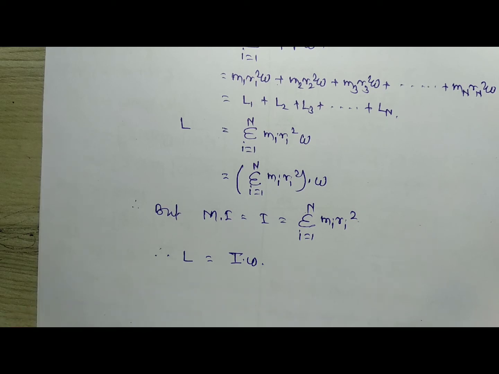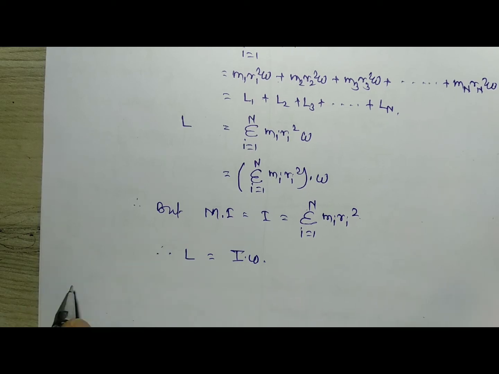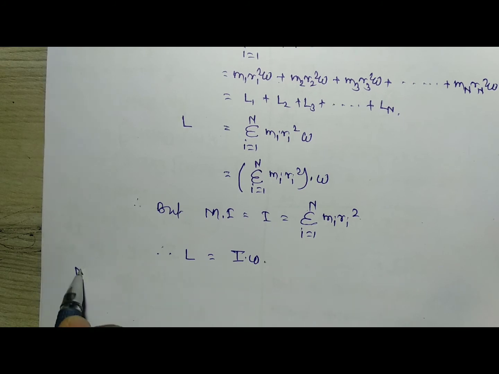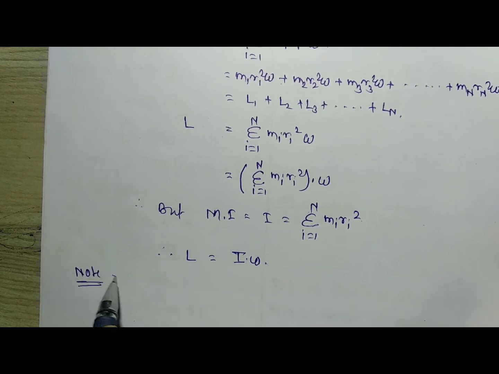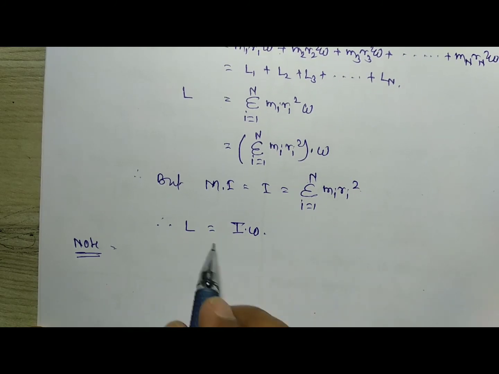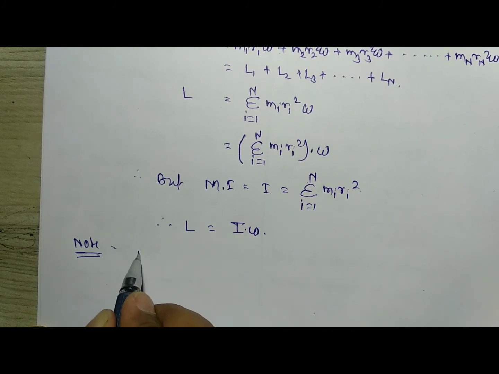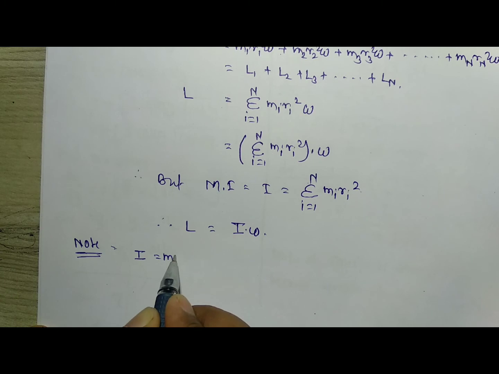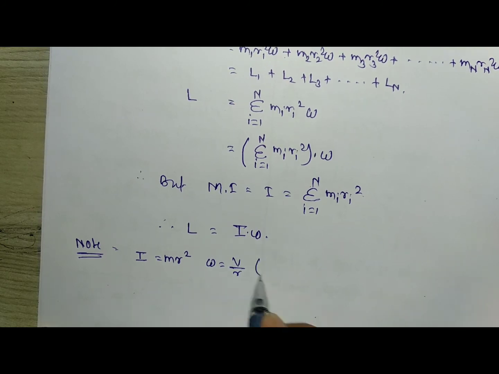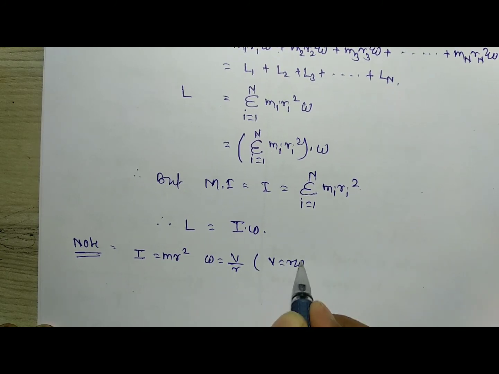First of all, we will see how it is calculated. I is equal to m r square, where m is the mass of that object, and omega is given as v divided by r, because we know that v is equal to r omega, and therefore omega is equal to v divided by r.